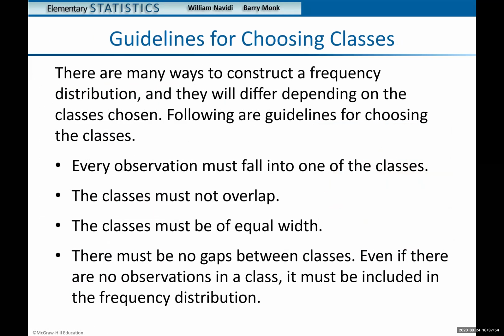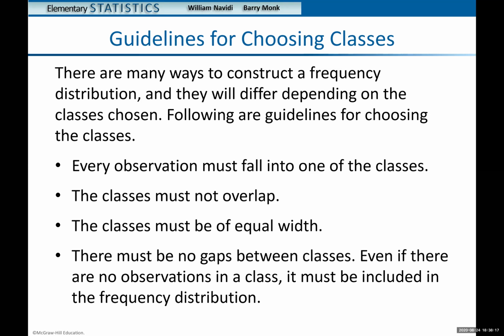All right, so we have some guidelines for choosing classes. There are many ways to construct a frequency distribution, and they will differ depending on the classes chosen. So follow our guidelines for choosing those classes. Every observation must fall into one of the classes. The classes must not overlap.